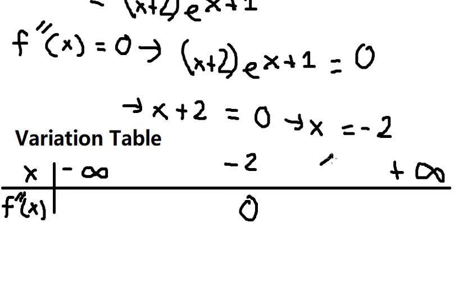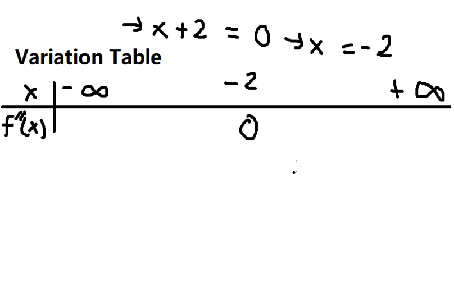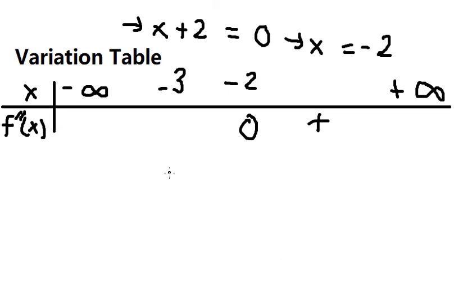So I will choose number 1 in here. If I put number 1 in the second derivative, you get positive. If I put negative number 3 in here, you get a negative number, so you get negative.